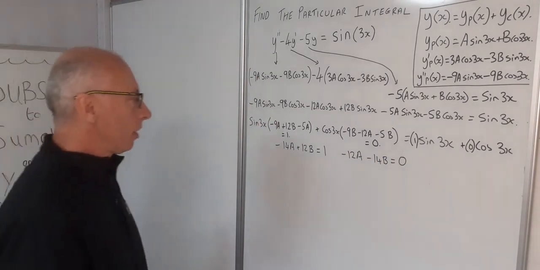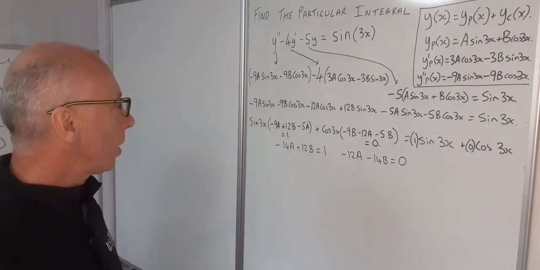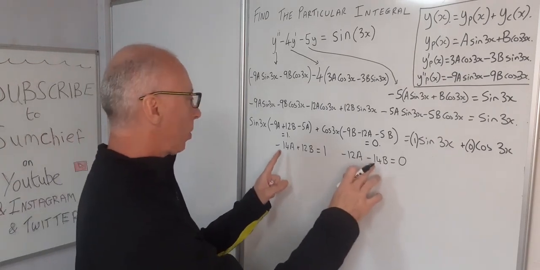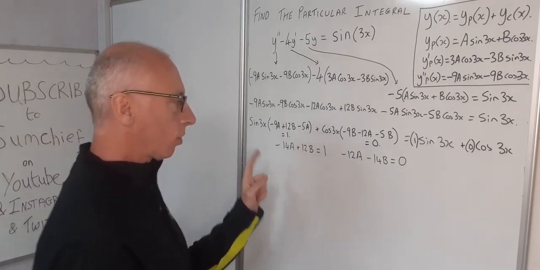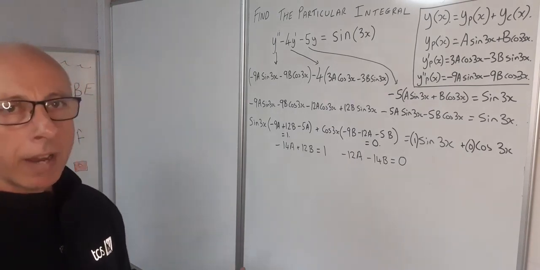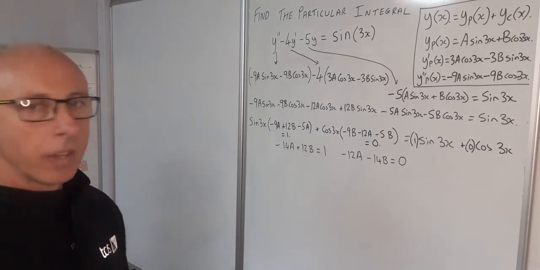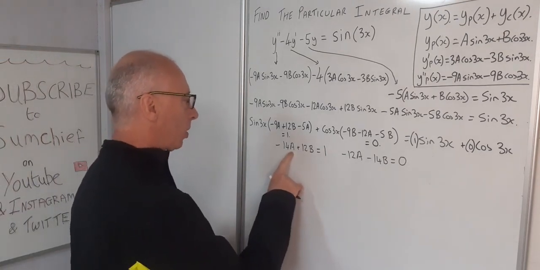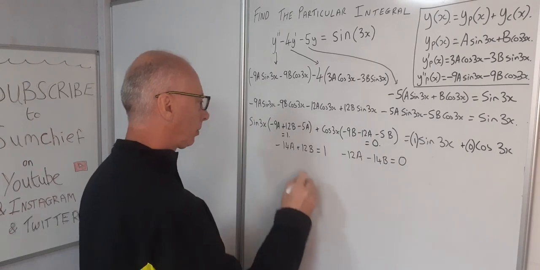Okay, so this is good old-fashioned simultaneous equations. So if we can try and get some of these numbers to have the same amount, then when we add or subtract, we get one of them to disappear. So I reckon if we multiply everything by 12, that'll be a good start. So let's multiply this one by 12 and put it in the middle.